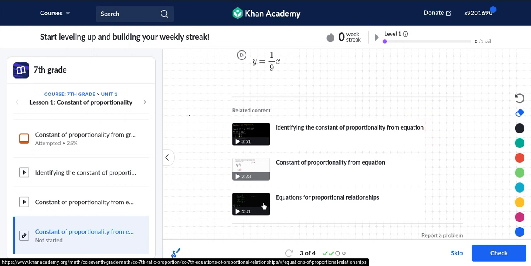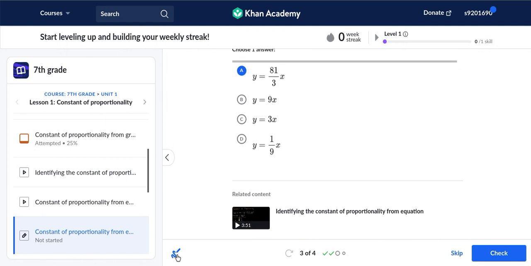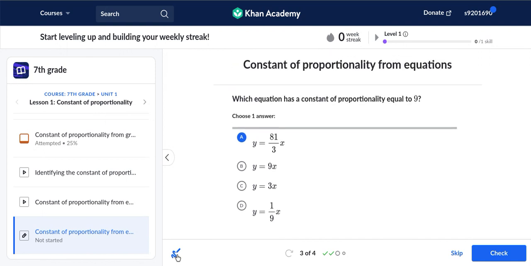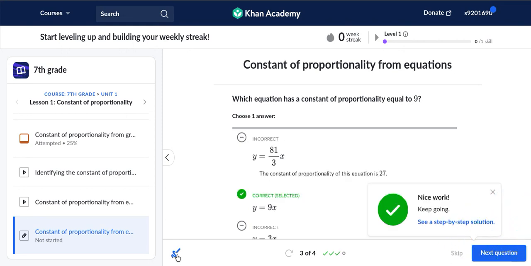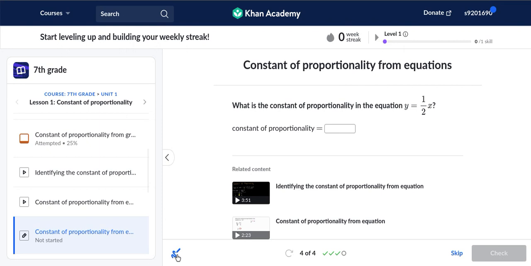The second number we need to look for is 9. So our answer, our constant of proportionality, is y equals 9x. Yep. That's how we do it.